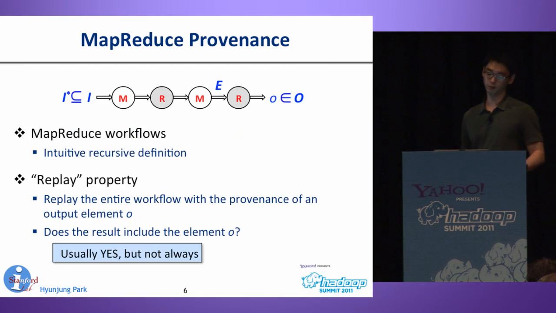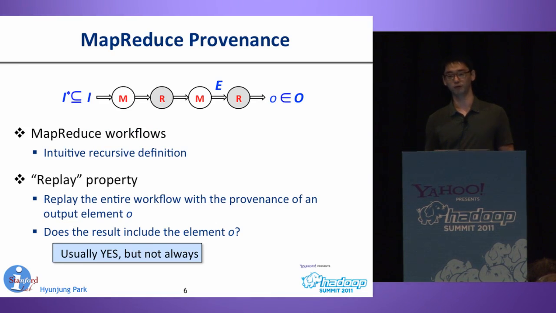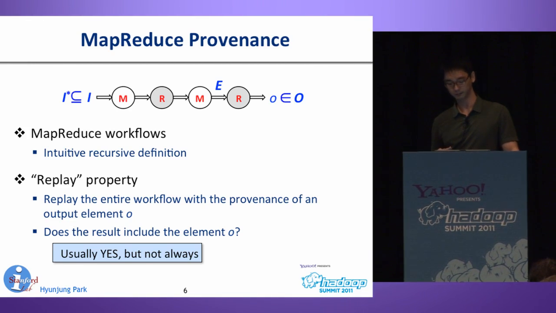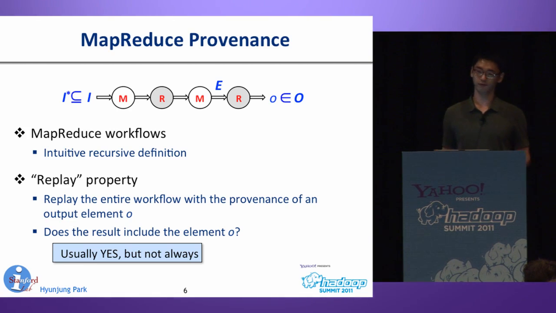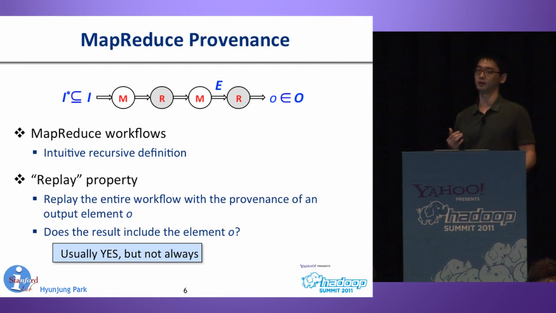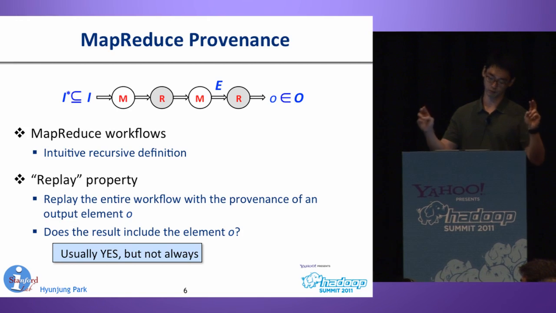So let's look at MapReduce workflows. Our definition for MapReduce provenance is a straightforward recursive definition, which means that starting from the final output element, we keep applying the appropriate definition from the previous slide until we reach the initial input data set. Having defined the provenance in this intuitive way, there is one obvious desirable property which we call the replay property.